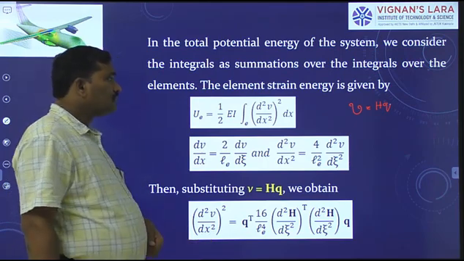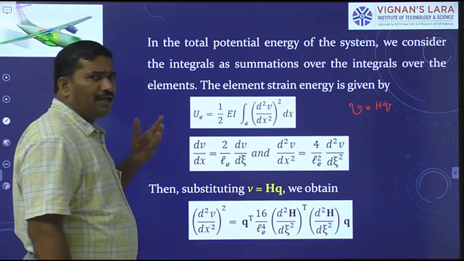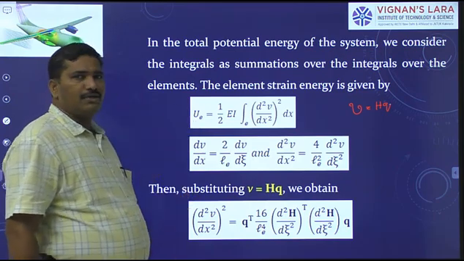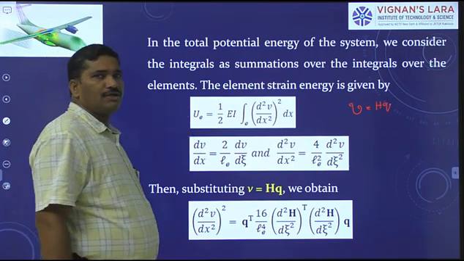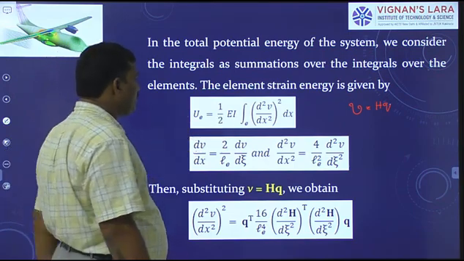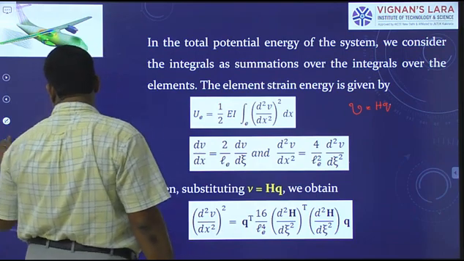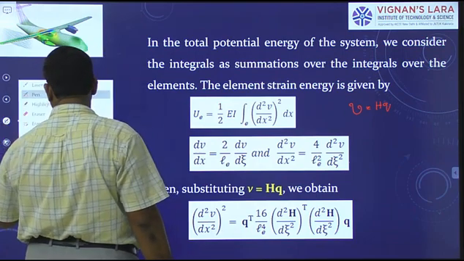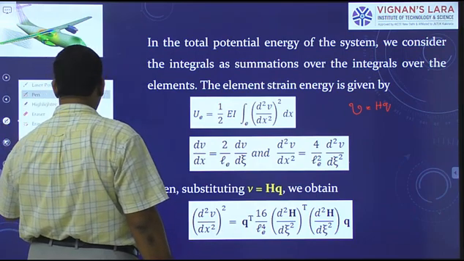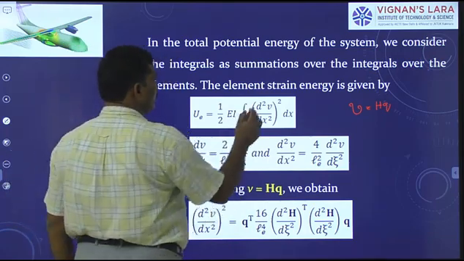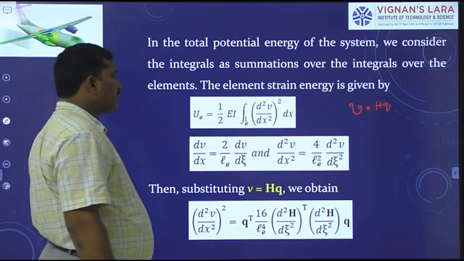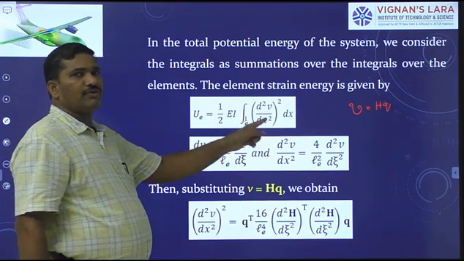Now, the strain energy of the element we take. We know that the strain energy of the element is Ue equals 1 by 2 into EI into the integral over the length of the beam, Le, of (d square V by dx square) whole square into dx.